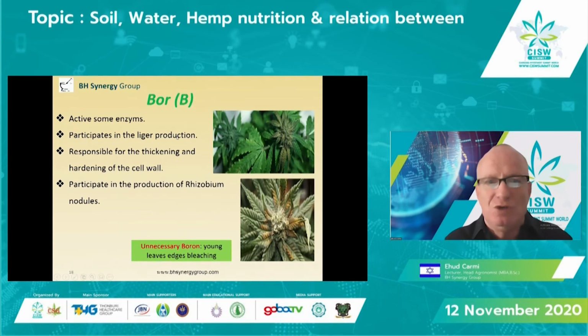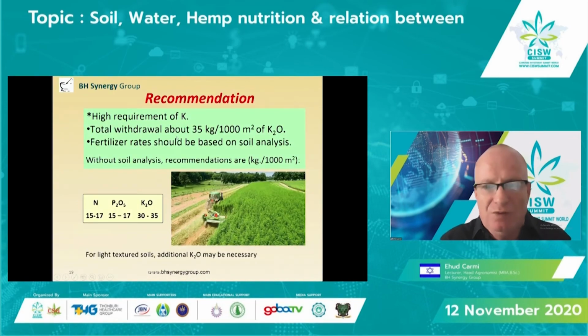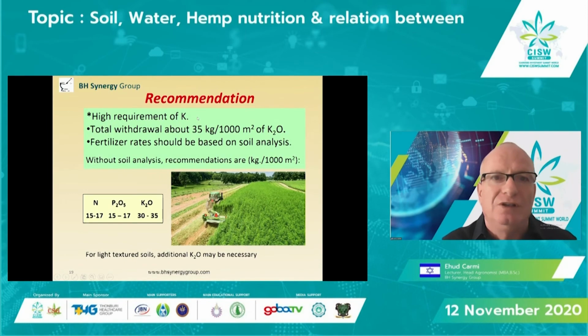I give you this shortly. If later someone wants to ask me for more recommendations about fertigation or fertilizing plants, I will be glad to give them. But most important, as you see here, is the potassium.